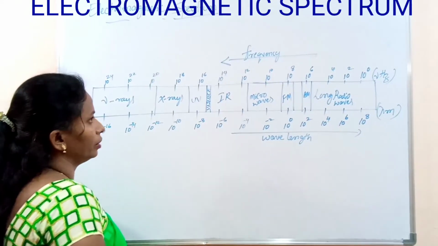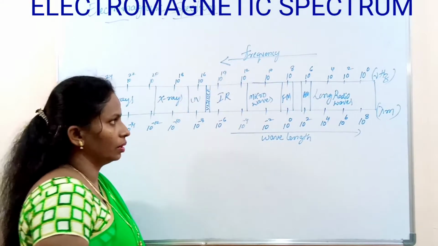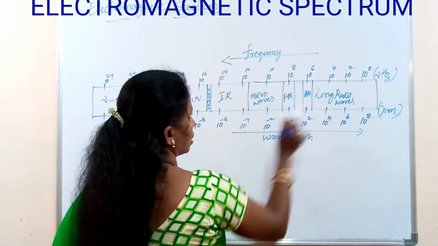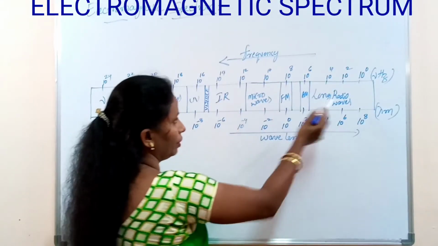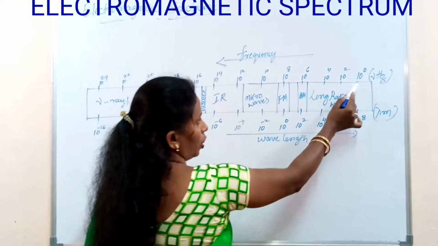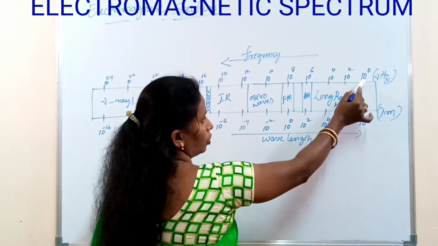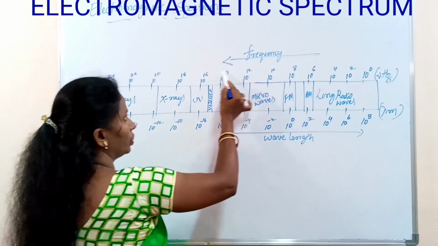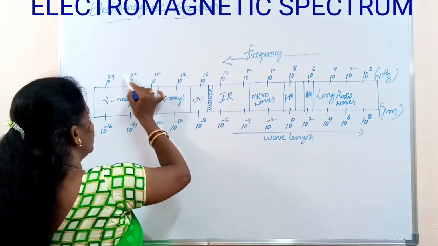So while writing the spectrum, here is one note for you. First you draw this box, and while writing the frequency, to make it easy, you mark the powers of 10: 0, 2, 4, 6, 8, 10, 12, 14, 16, 18, 20, 22, 24.